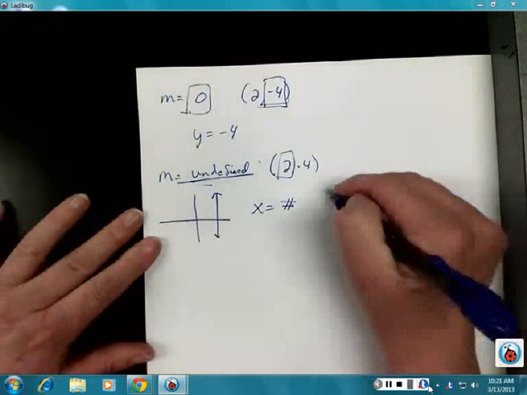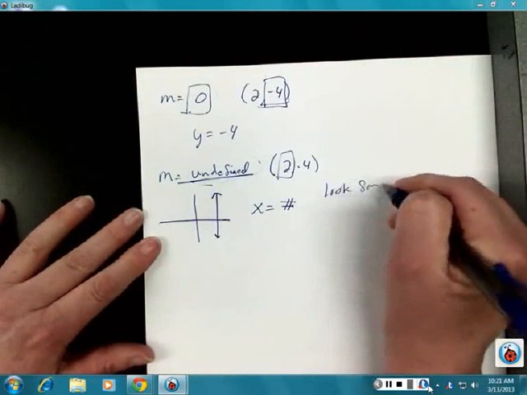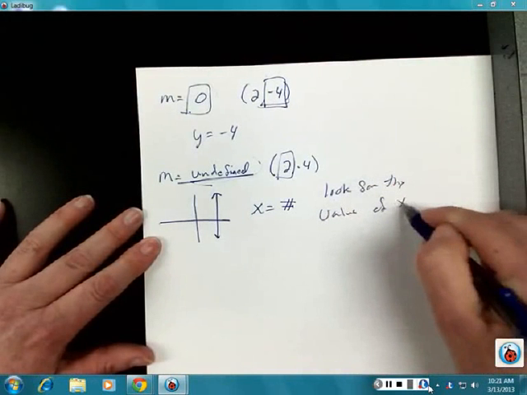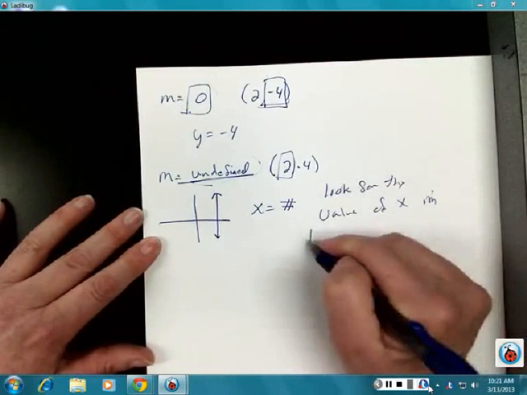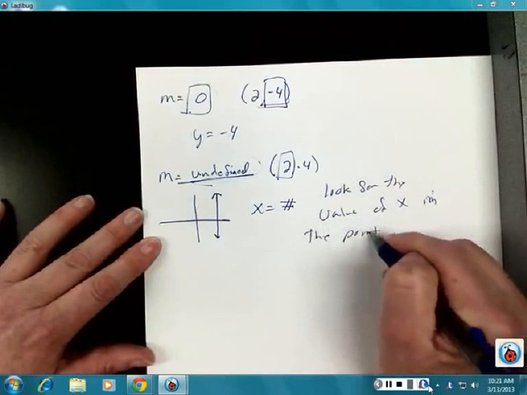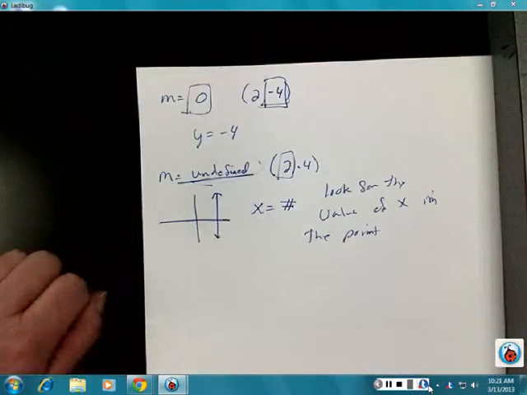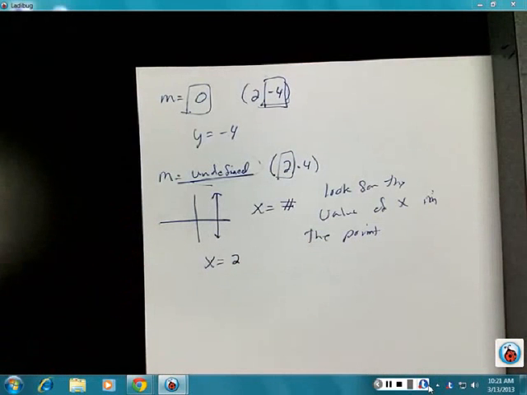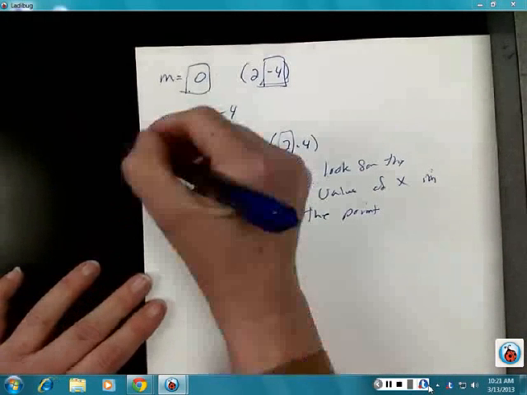So look for the value of x in the point. If I look for the value of x in the point, it's 2. So this equation is x equals 2. So that's that kind.